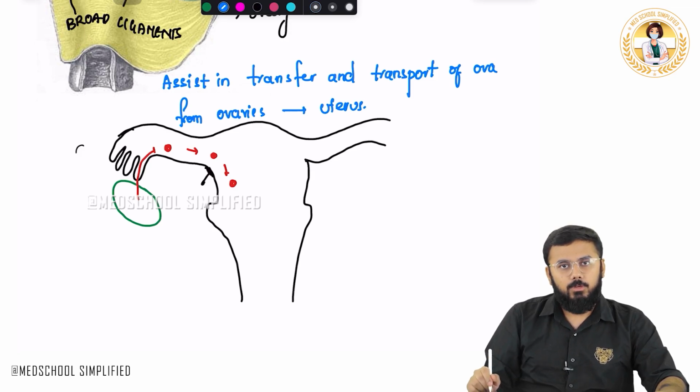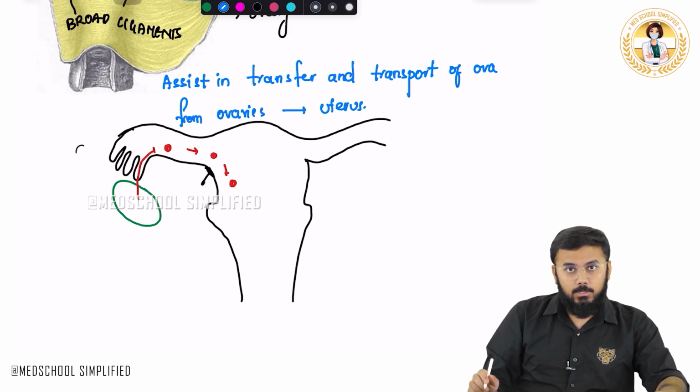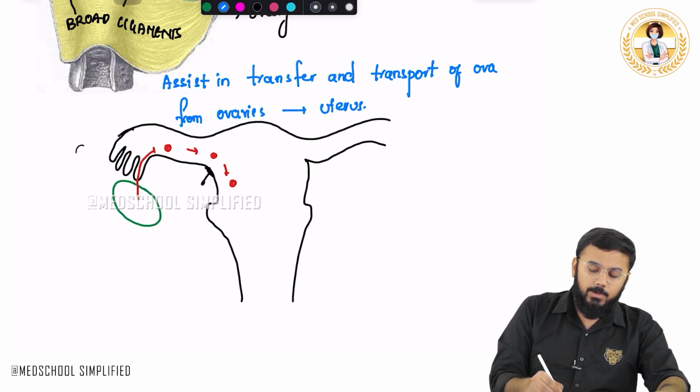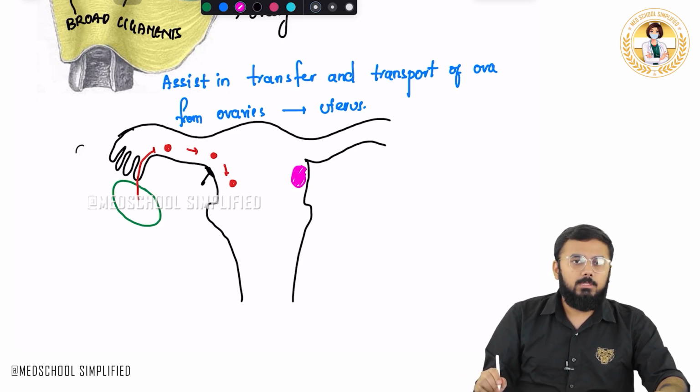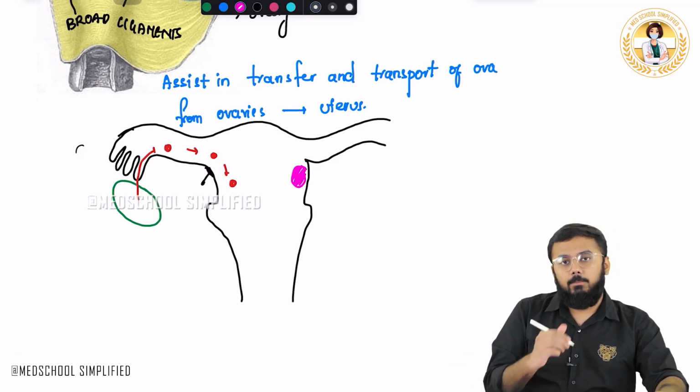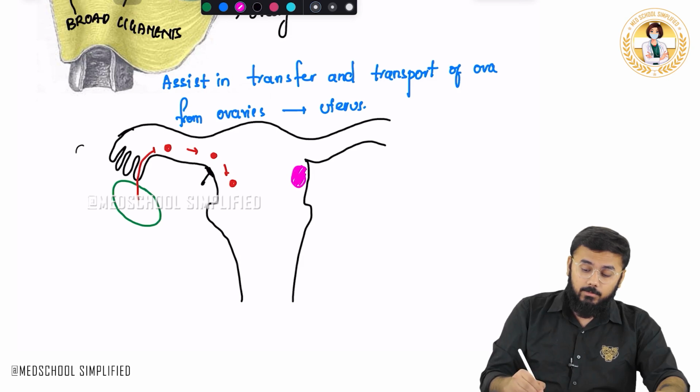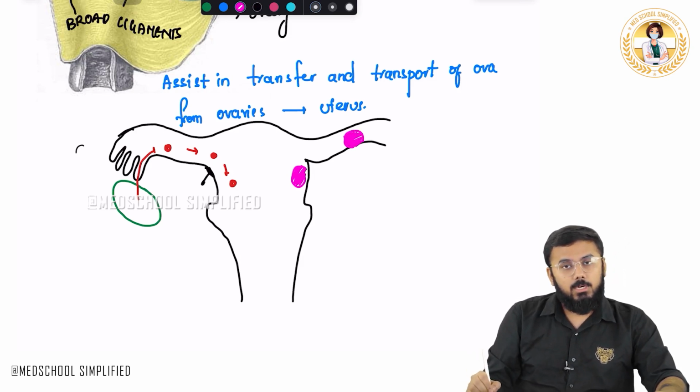One very important thing you need to know is that normally pregnancy should take place down here in the uterus. Sometimes, instead of the pregnancy taking place in the uterus, it might take place within your fallopian tube. The baby starts developing within the fallopian tube. Now obviously the diameter of the fallopian tube is very narrow, yes or no?